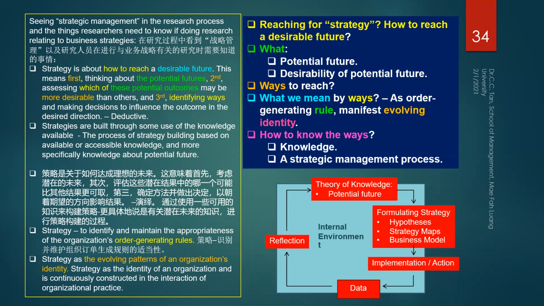We are just pulling some apart for formulating the hypothesis, strategy, strategy map or business model, and execute and implement it, invest in it and generate the experiences and data, and then continue to reflect on it and analyze it, big data analytics or enterprise resource planning system, and continue to accumulate the knowledge, so that our companies can continue to grow bigger and have more competitive strength. So, reaching for strategy: how to reach a desirable future?